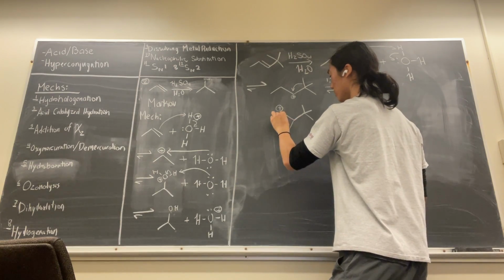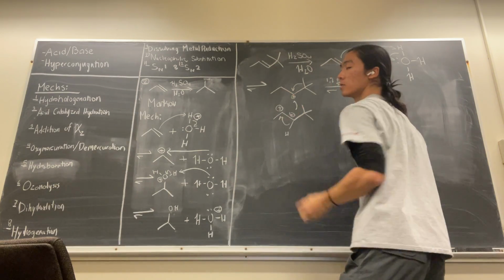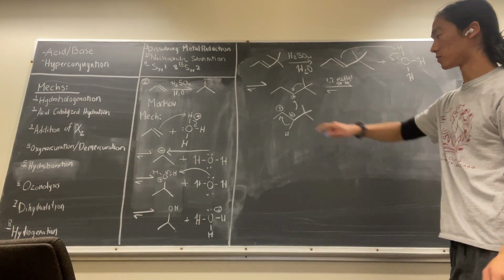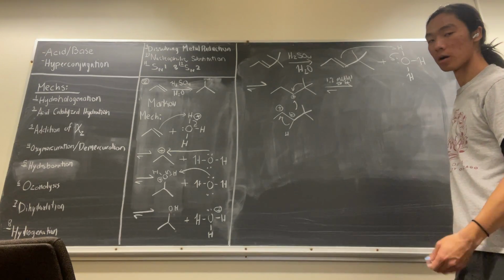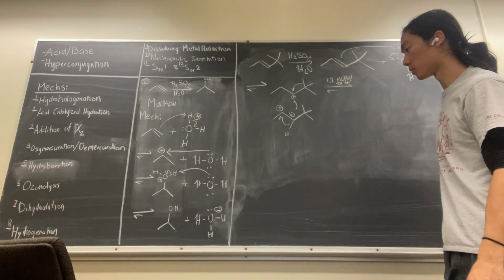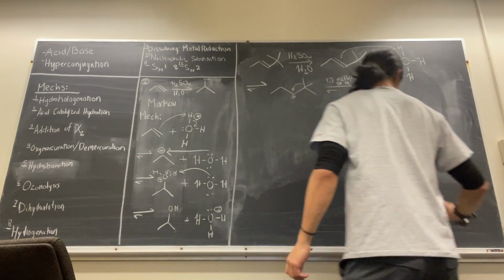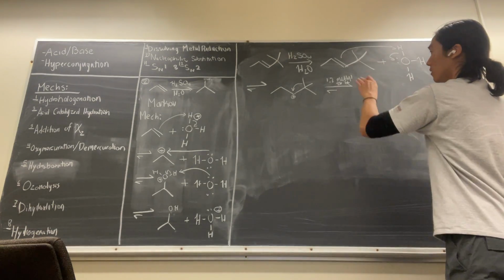This hydrogen will move here, this positive charge, and then we're back to here. So we just want to get this positive charge onto the more stable, more substituted carbocation. That's what we're ideally looking for. So, not even an issue. 1,2 methyl shift.